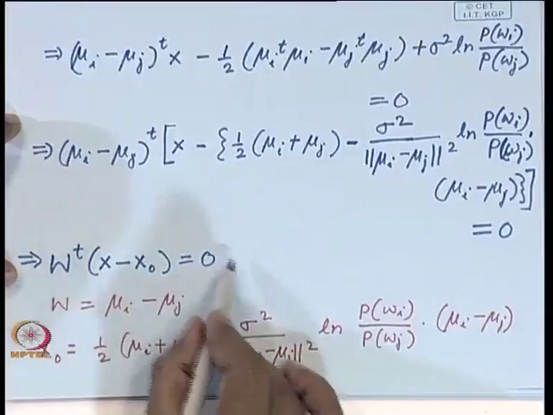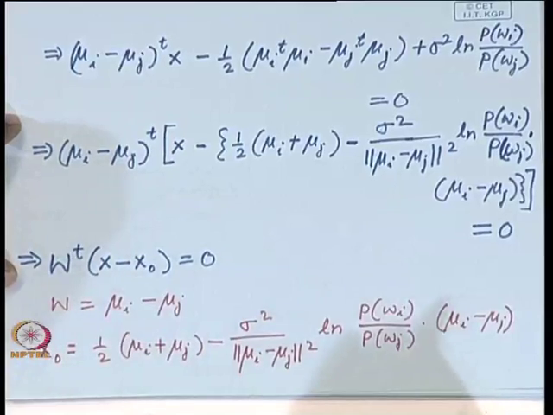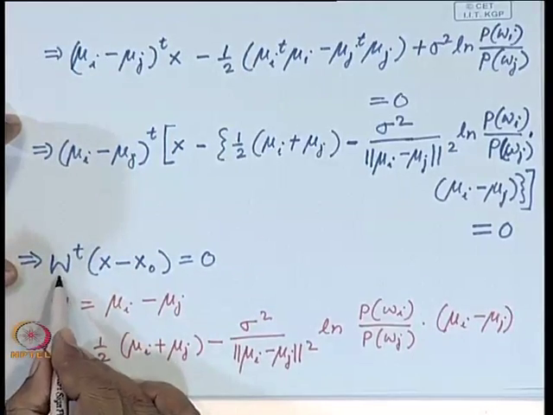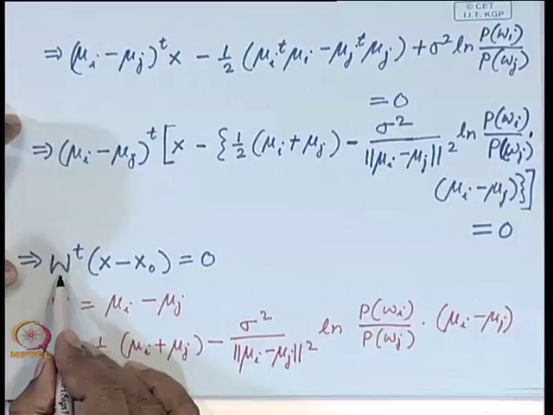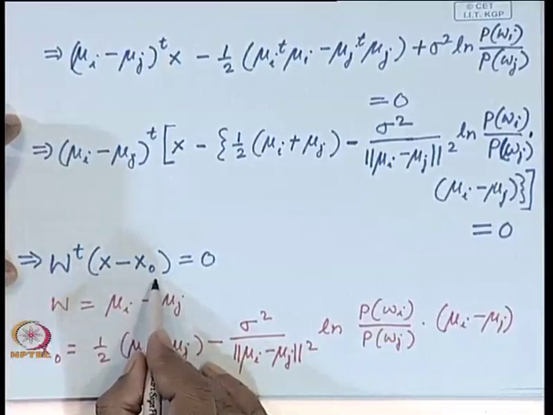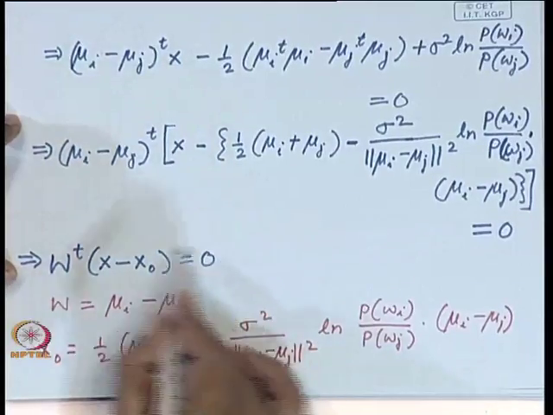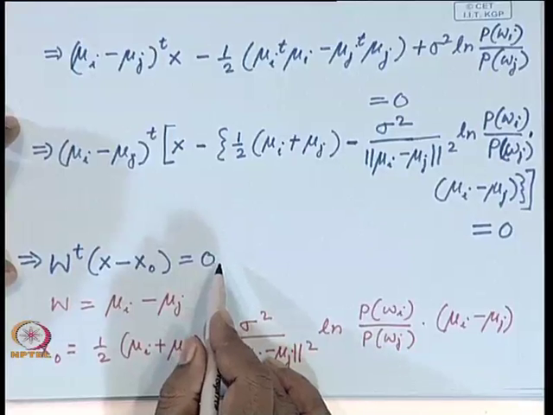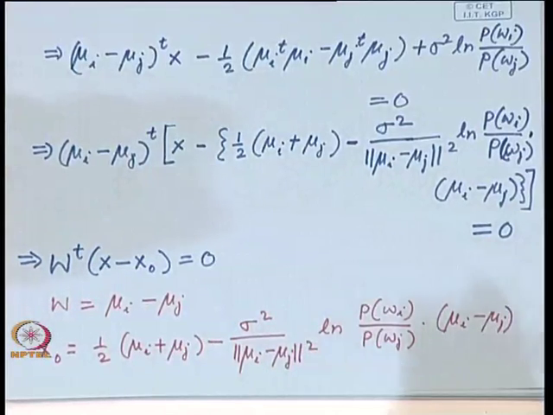So, what information do we get from this? Here you find that W transpose (x minus x_0) equal to 0 is the decision boundary between the ith class and the jth class.